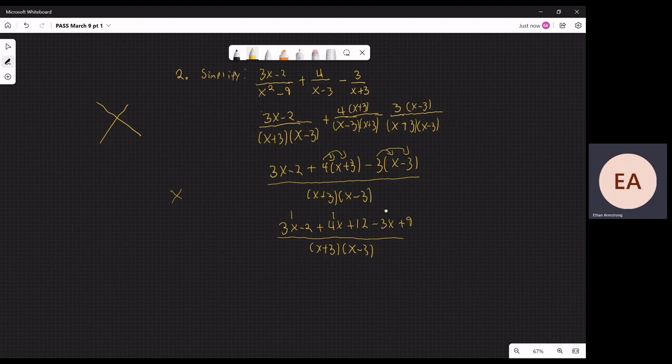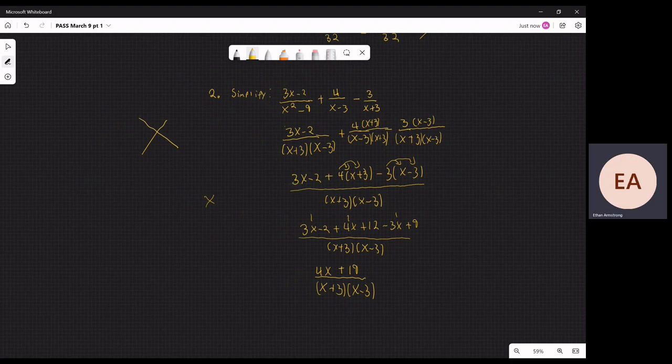I like to mark them with a little slash. So that gives us 4x. Then we have negative 2 plus 12, which is 10. 10 plus 9 is 19. Over x plus 3 times x minus 3.